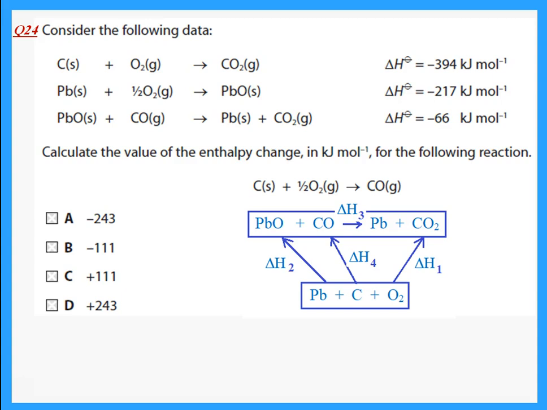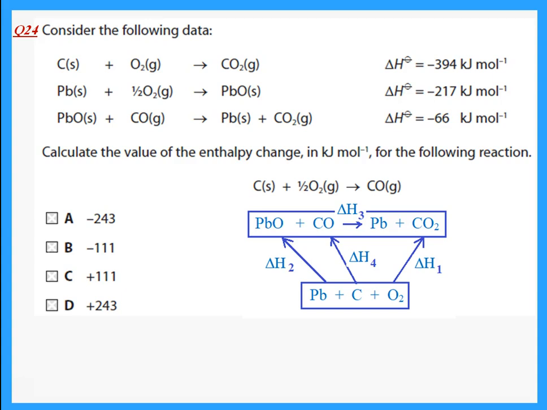If we have carbon plus oxygen to give CO, where is carbon plus oxygen to give CO? Well, he did not give me anything except we have lead oxide plus CO to give lead plus CO2. That's one. And then he gave me lead plus half oxygen to give lead oxide.